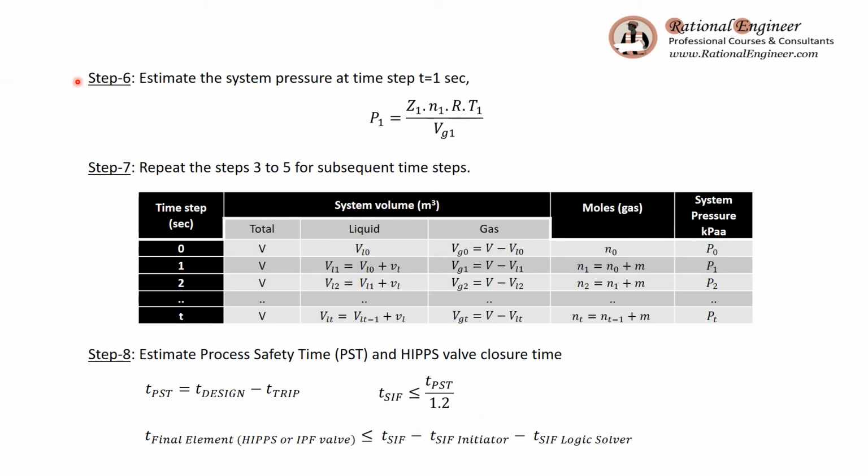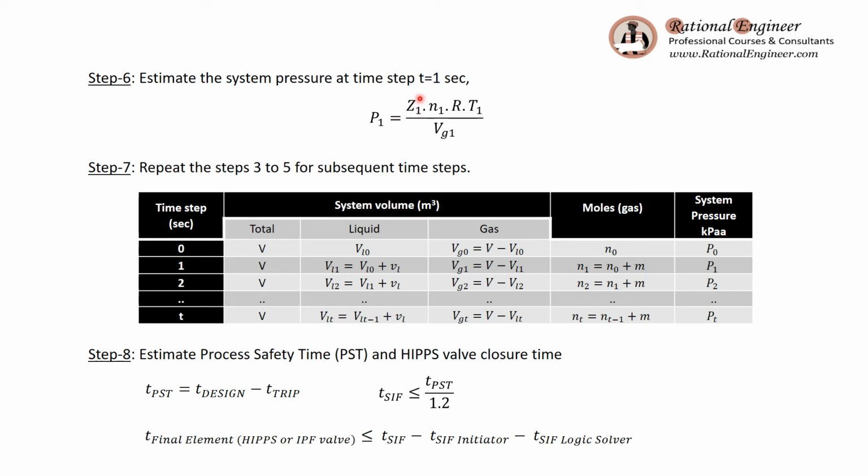In step 6, we will estimate the system pressure at time step t equal to 1 second. So we want to know what the pressure buildup is after time step t equal to 1 second using the universal gas law formula PV is equal to nRT.